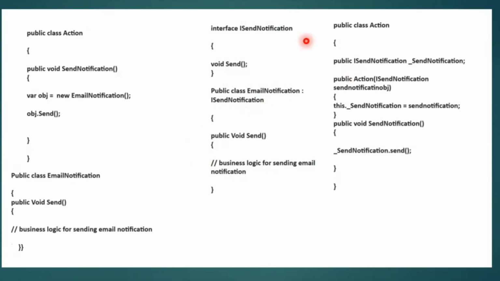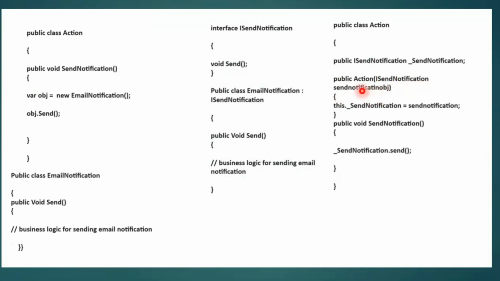Now here you can see my Action class after applying the inversion of control principle. Here, instead of the class, I am taking a variable of the ISendNotification interface, the variable _sendNotification. So the high level module depends on abstraction, meaning this _sendNotification variable of the ISendNotification interface. Here I have a constructor with one parameter, sendNotificationObj of ISendNotification.